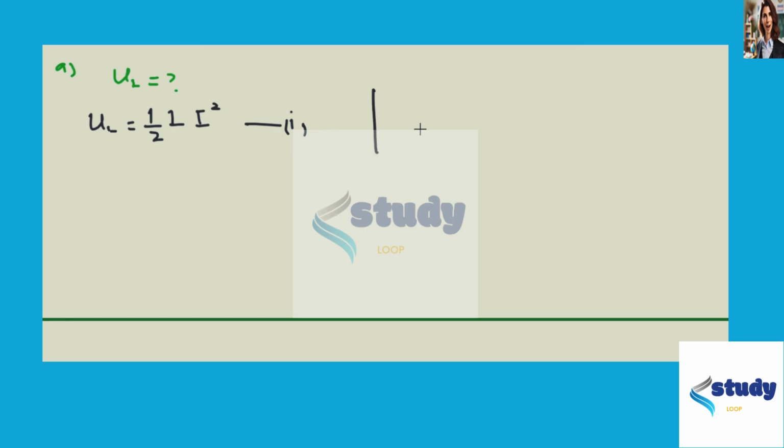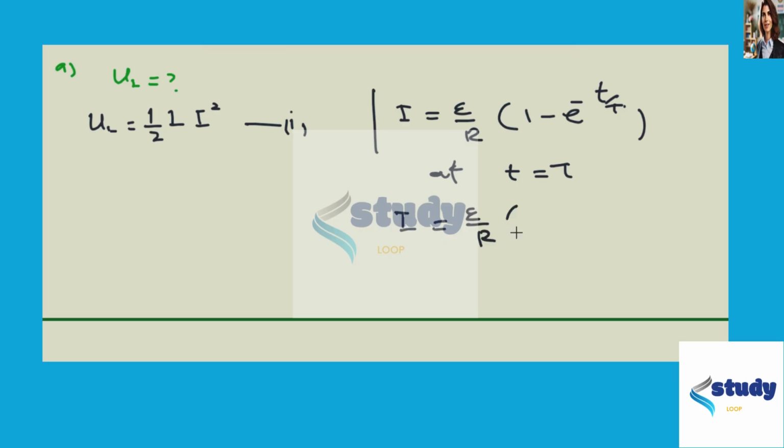Now the current through the inductor is written as i is equal to E divided by R into 1 minus e raised to the power minus t divided by tau. Now at t equals tau, this equation can be written as i is equal to E divided by R into 1 minus e raised to the power minus 1.